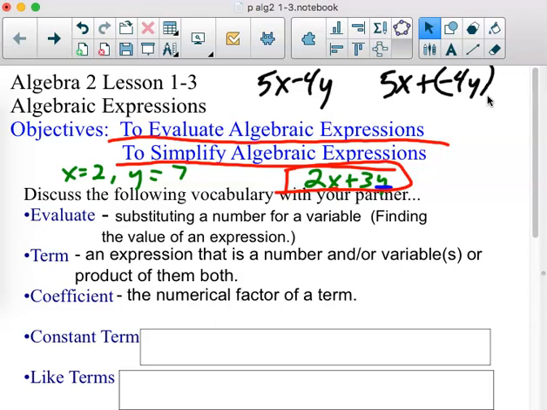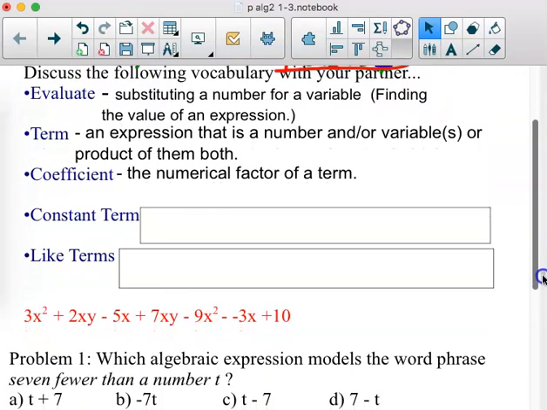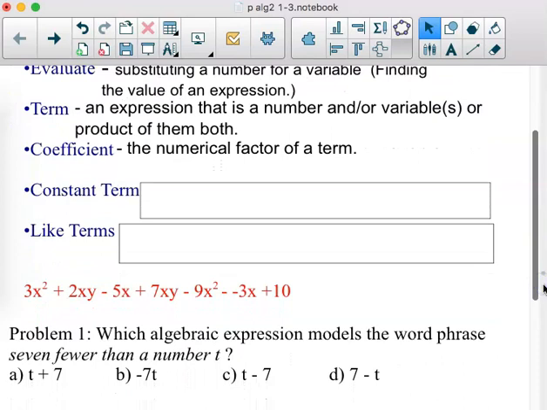Now, constant term. Think about that one for a second. What is a constant term? Well, constant means something that's not changing. Variables vary. That's their root word. So it can't have a variable, but it has to be a term.